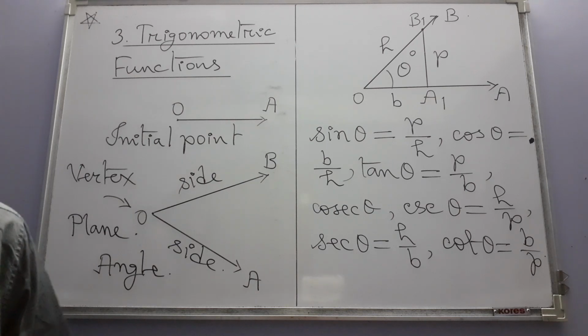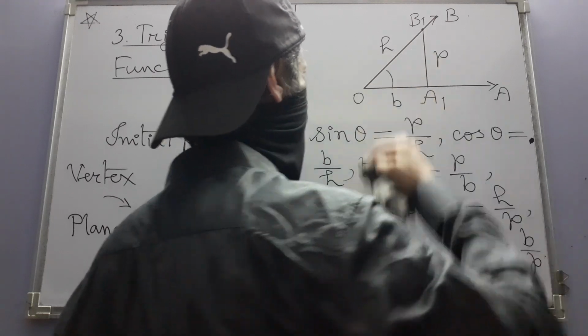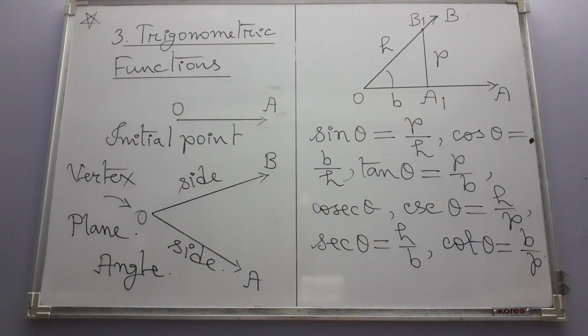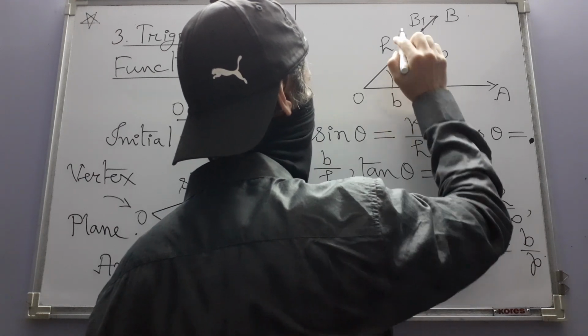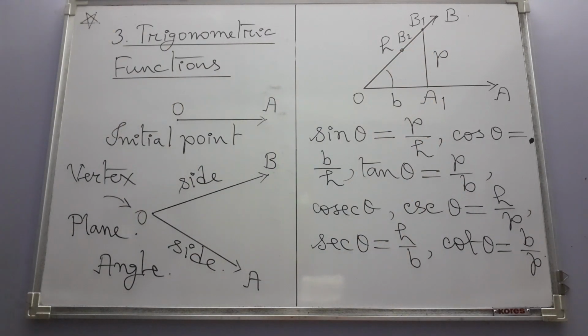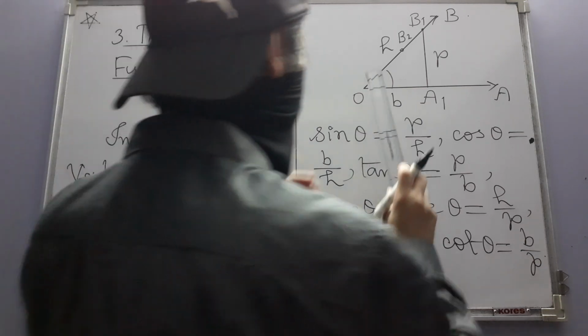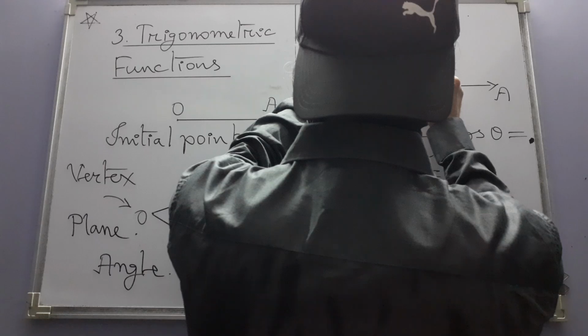That's because, say I take another choice. If I instead take this, say, this is B2, and I similarly drop a perpendicular from B2 on the side OA.